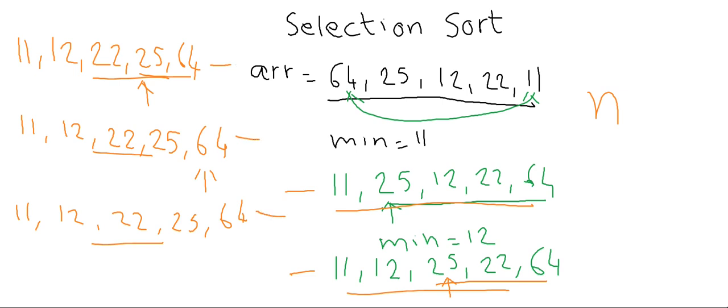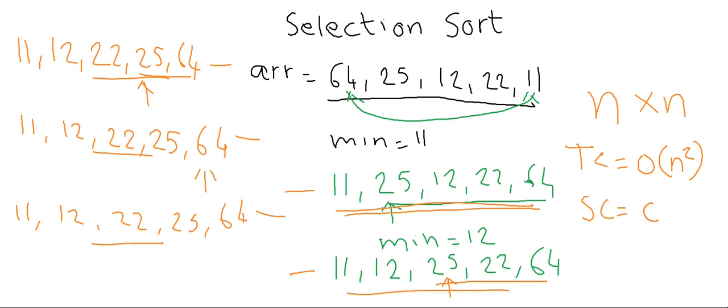And within each iteration, we are iterating through all the elements, which are again n. So our time complexity for selection sort is O of n square. Since we are not using any extra space, our space complexity is O of 1.